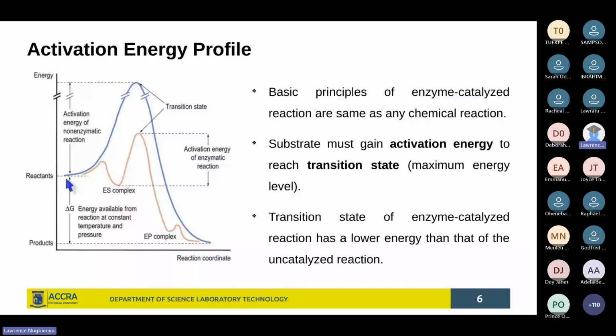And so what it means is that the substances will have to be activated to go into an energy level in which they are unstable before they will then look for a new energy state, which will become more stable.